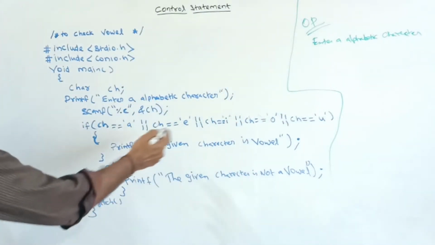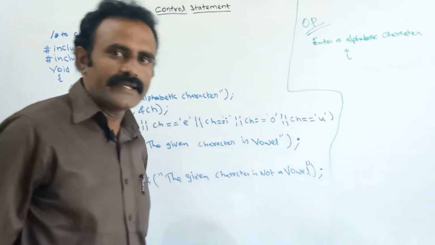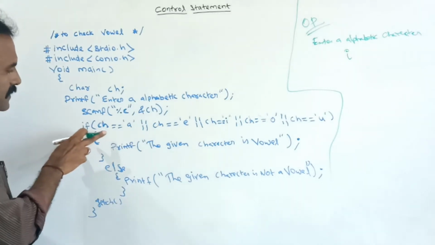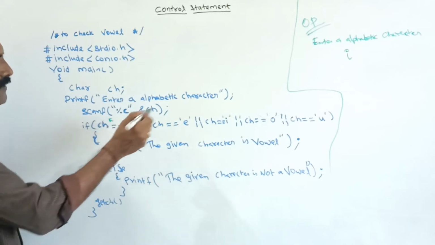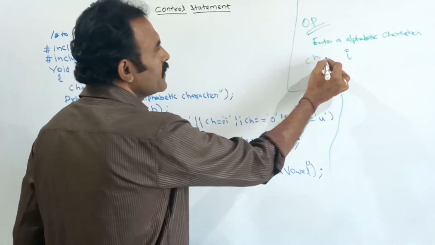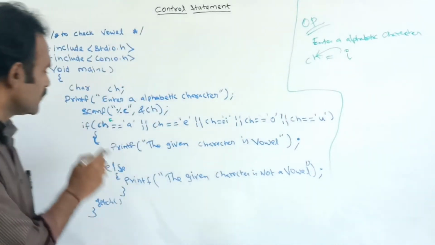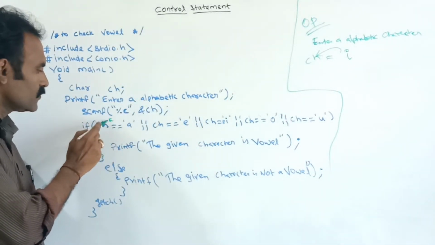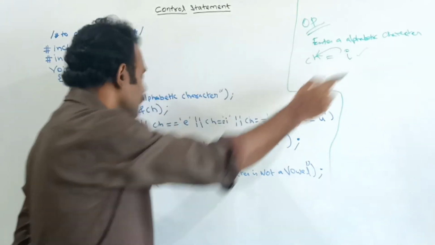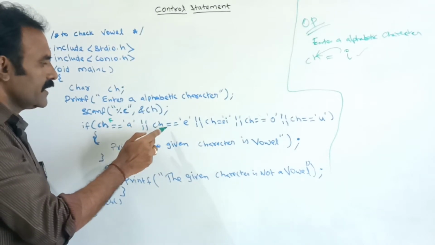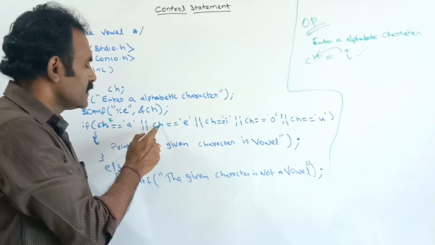Suppose you are typing the letter I on the keyboard, here it will check. Here this condition is false, because I will be stored in the variable ch. Each and every time it will check ch whether it is a. No, so false, because ch holds the value I. Second, the OR operator checks whether the given ch value is a.